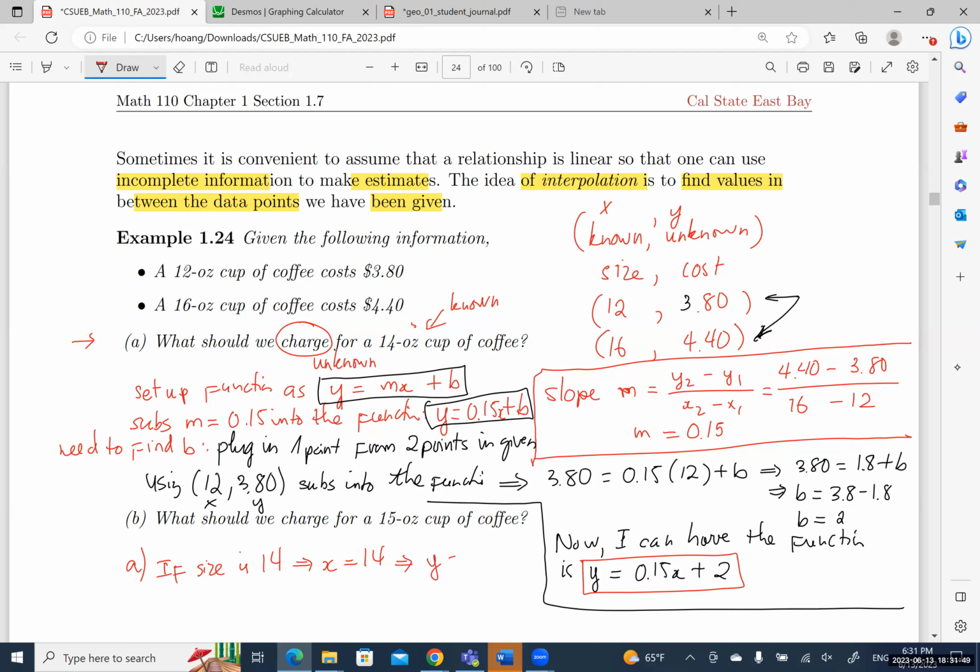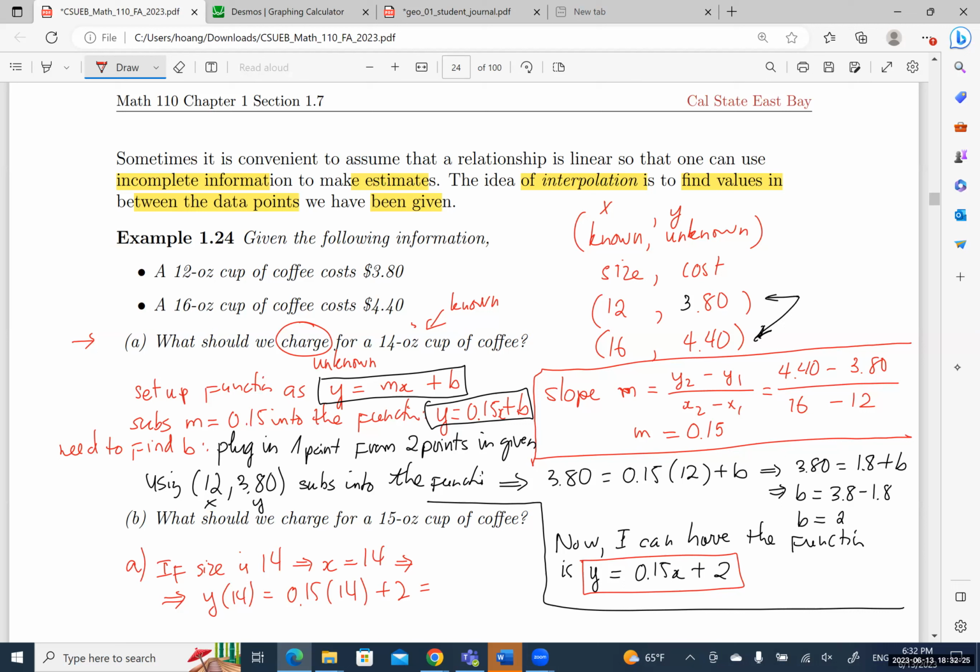Y of 14 will be equal to 0.15 times 14 plus 2. And you can just use calculators and calculate that.